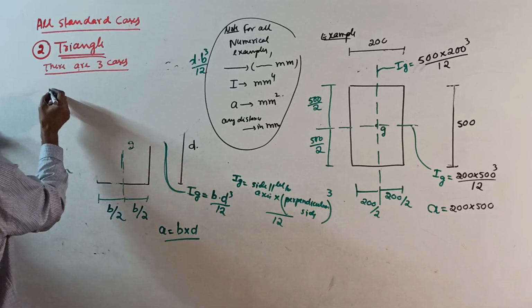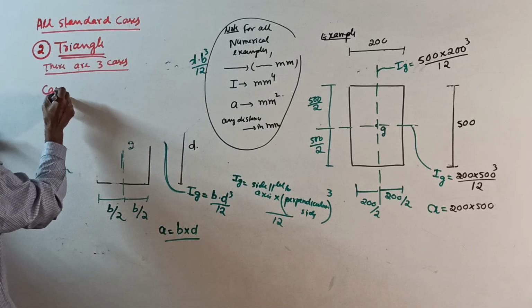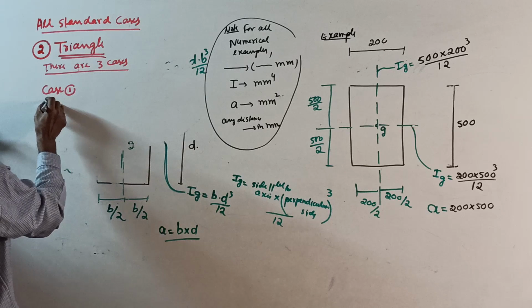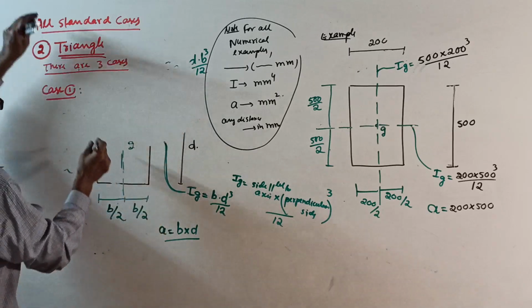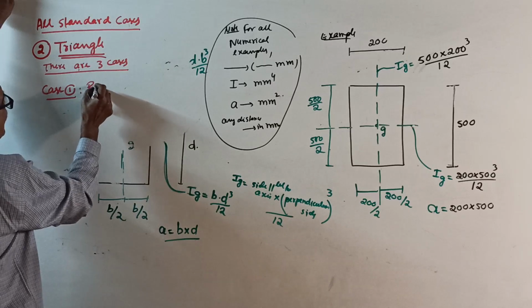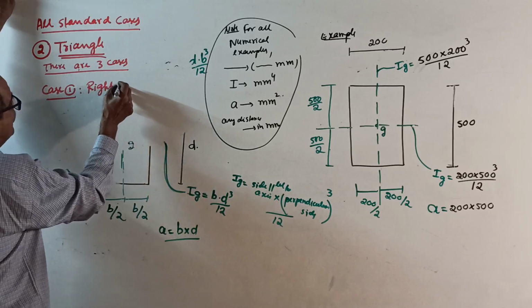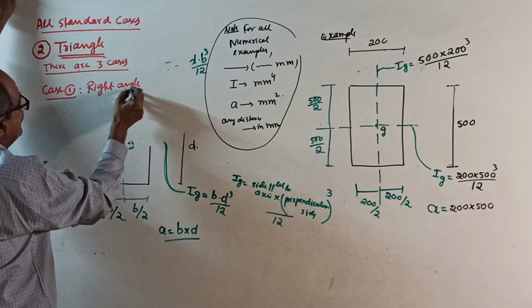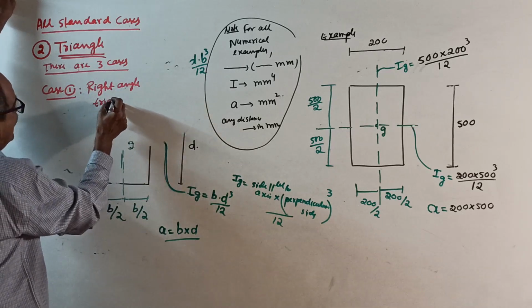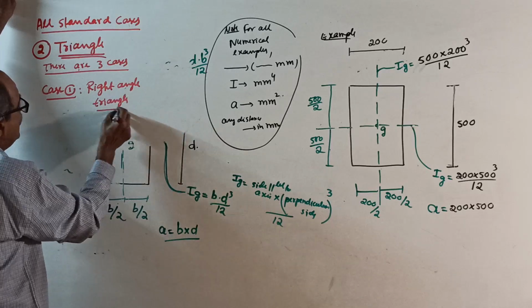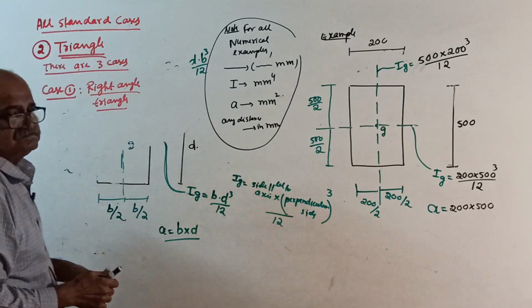I will first write case 1. I will start from simplest one, right angle triangle. Easiest one first. Now, I will write everything, then I will explain.